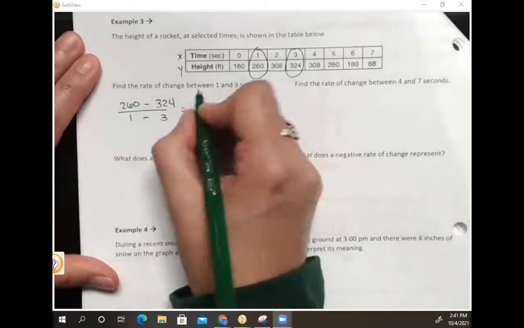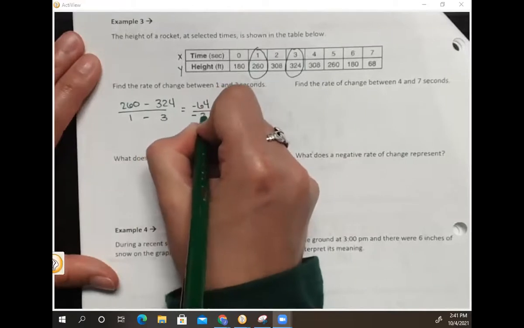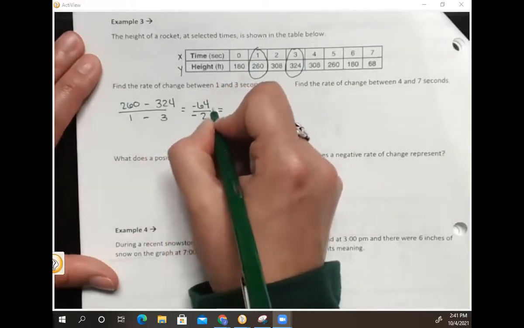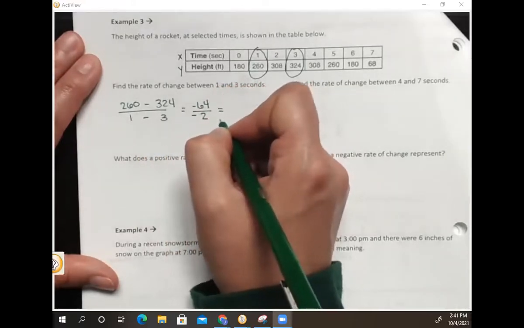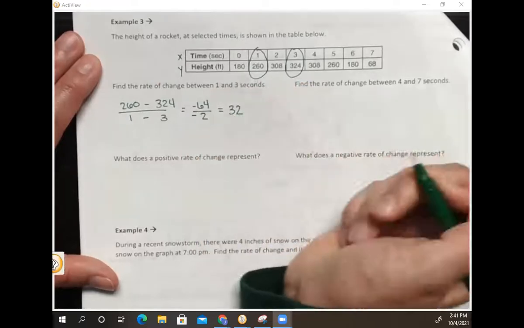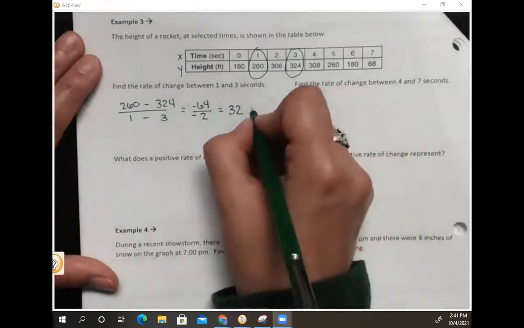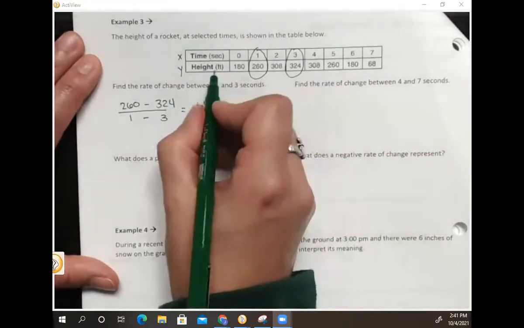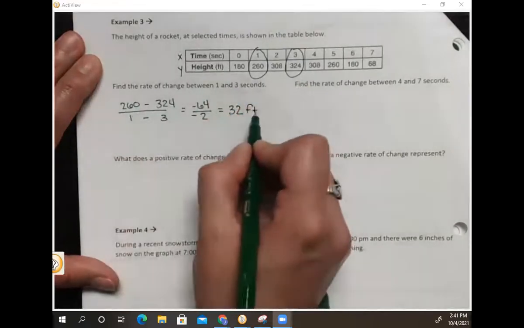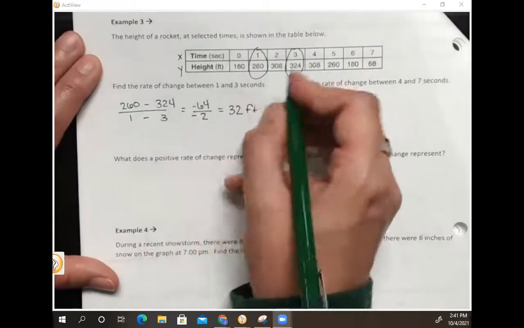When I subtract on top, I get negative 64. When I subtract on bottom, I get negative 2. Again, I want to simplify as much as possible. Negative 64 divided by negative 2 would be 32. And my label here would be feet, since that's my top. That's the first unit, okay? Feet was our y.